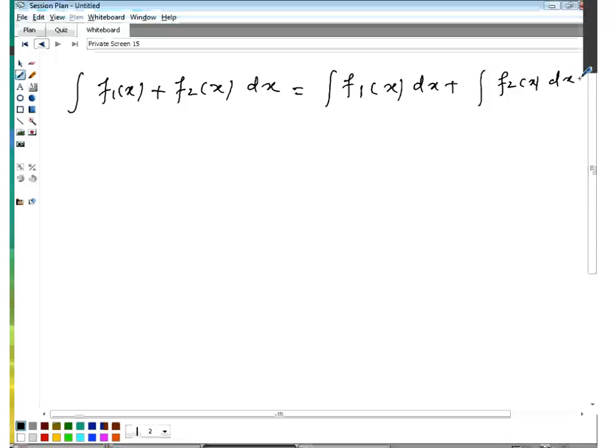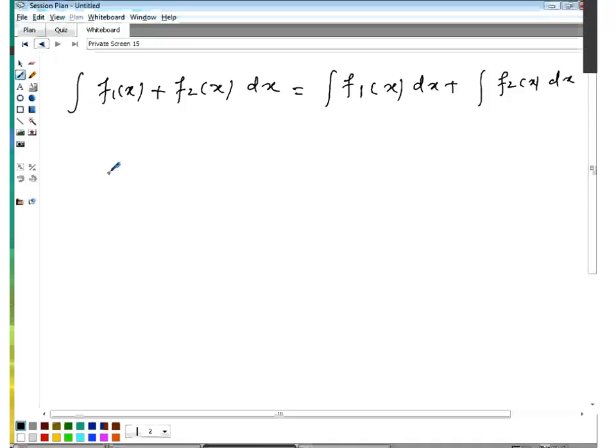Whether it will take 2, 3, 400, plus or minus, doesn't matter. Splitting will always work. So we can prove for this case, the plus case, two of them. Likewise, it can be done for the minus case, and likewise it can be done for as many functions as you wish, f1, f2, f3, f4, and so on.